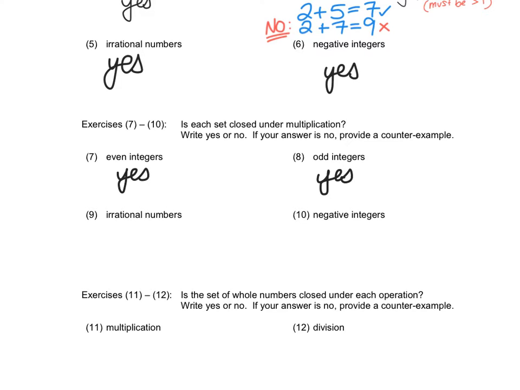If at any point you come up with a counterexample, it becomes a no. But just test a few. So, simple one like 1 times 1. Negative 5 times negative 3. 7 times 7, all odd results. All right, irrational numbers. Irrational times irrational. All we need is one counterexample.